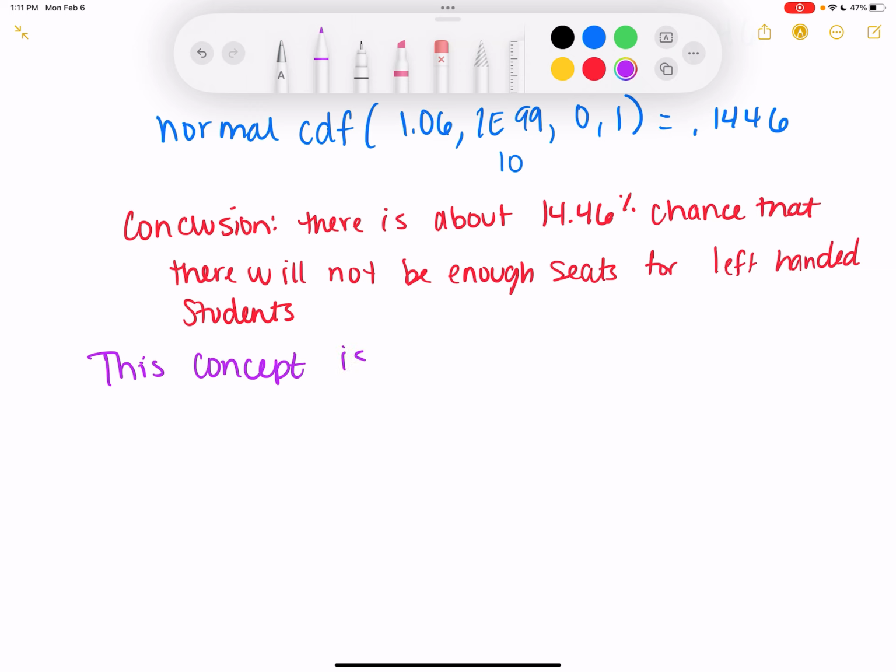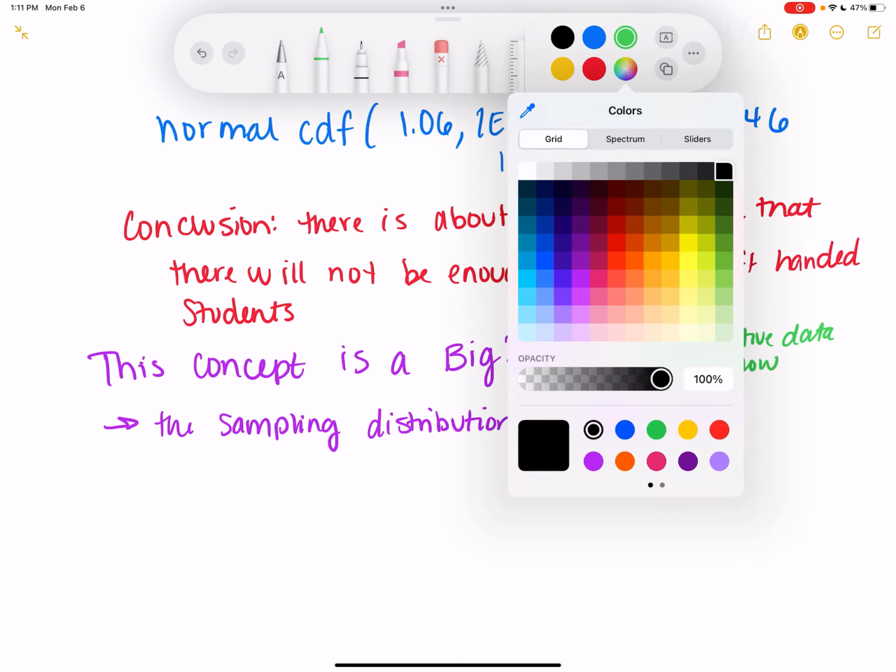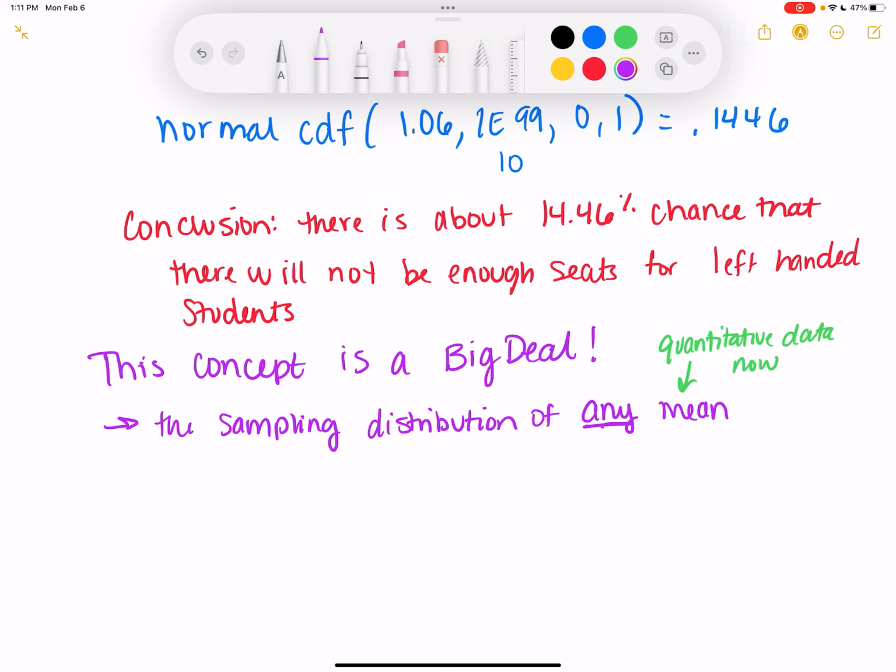All right. This next concept is a big deal. So, the sampling distribution of any mean, and that's talking about quantitative data now, becomes more nearly normal as the sample size grows.